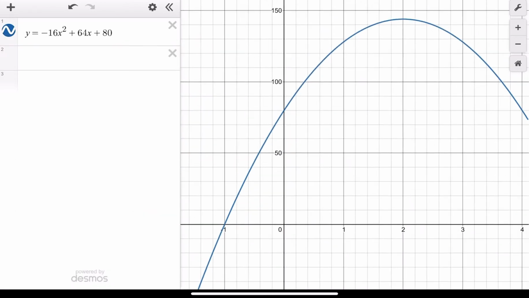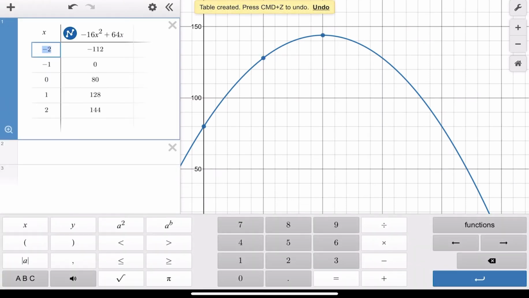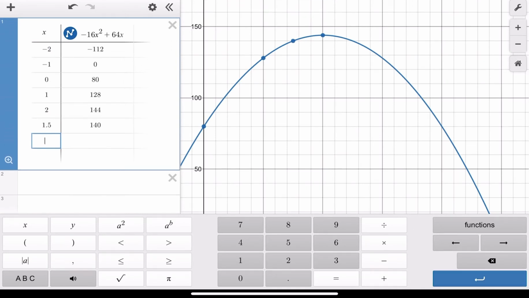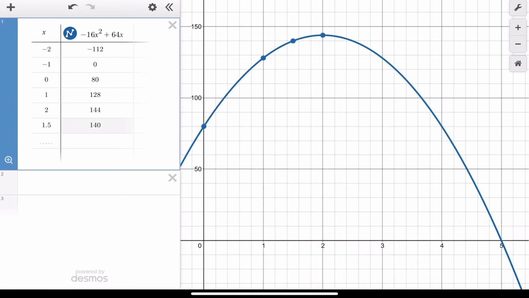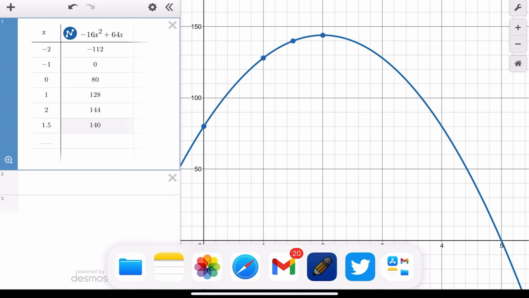And then I'm going to zoom out, and there we go. I can see the entire path of my rocket. I'm going to click Settings, create a table. Now I'm going to plug in 1.5 because that's the amount of time that I want to have had passed. So after 1.5 seconds have passed, the rocket is 140 feet in the air.